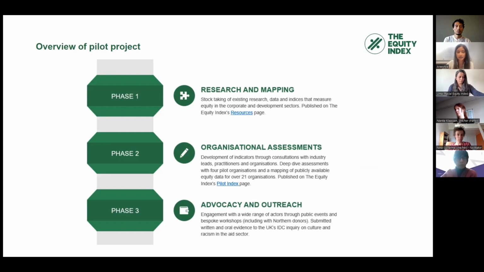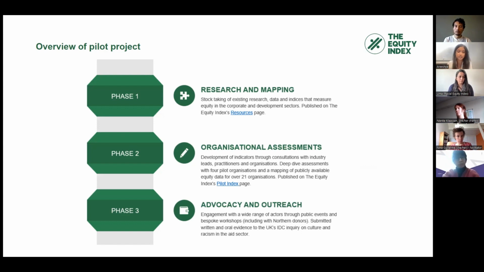The pilot provided an opportunity to test a core part of our theory of change: that measuring a sample of organizations against internal and external equity indicators, when combined with advocacy efforts across the sector, will lead to organizational shifts and broader cultural change in the development sector. I'll touch on those indicators when the discussion gets to that point.